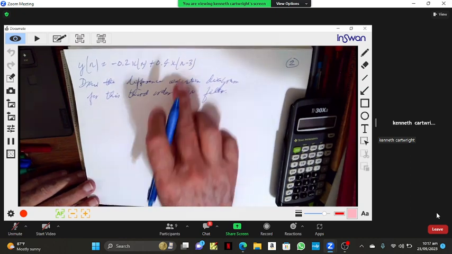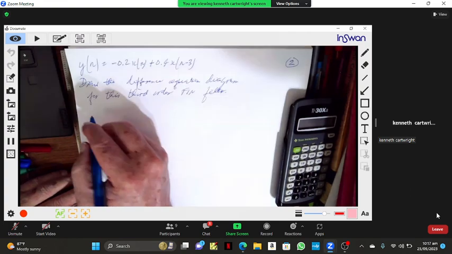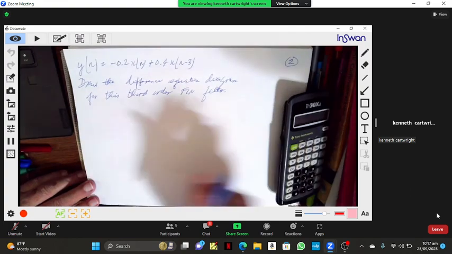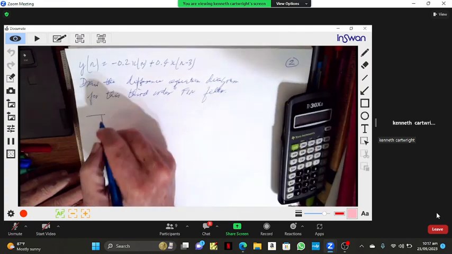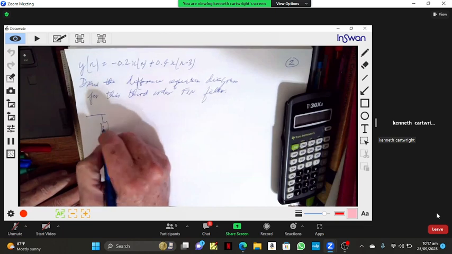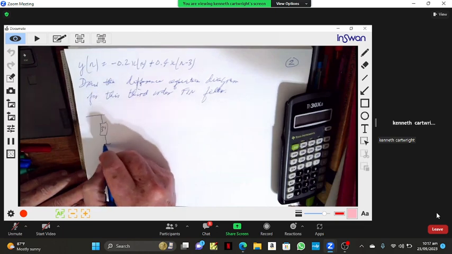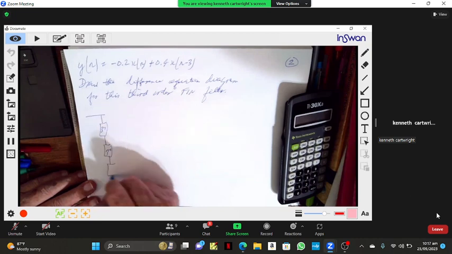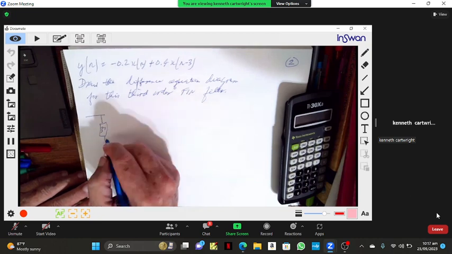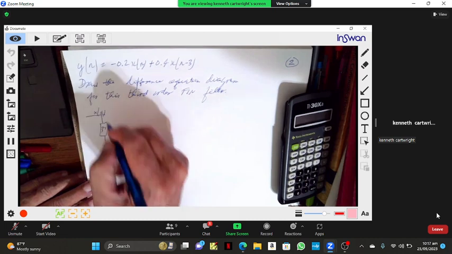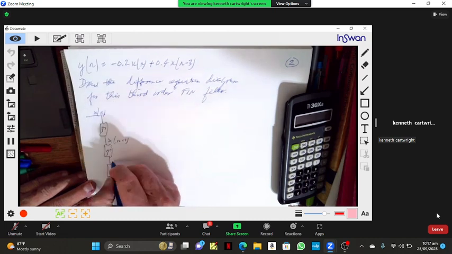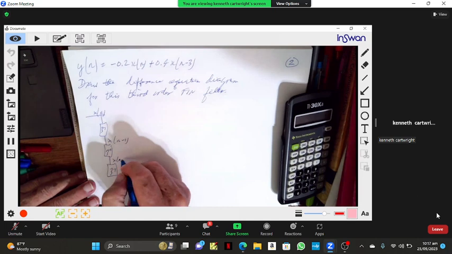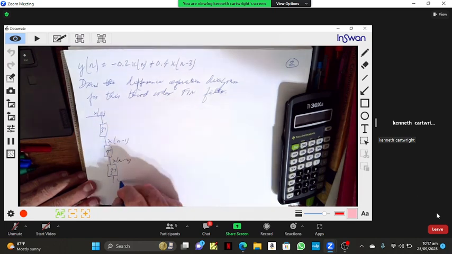This is a third order filter. Therefore, we must have three delays, each Z to the negative 1. This is x of n, then x of n minus 1, this is x of n minus 2, this is x of n minus 3.